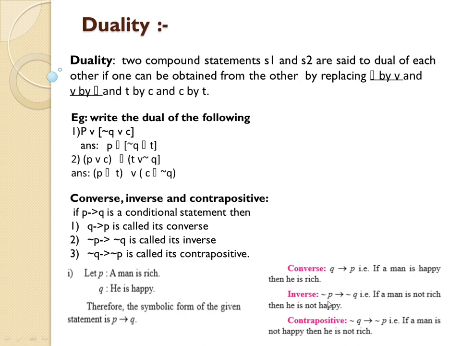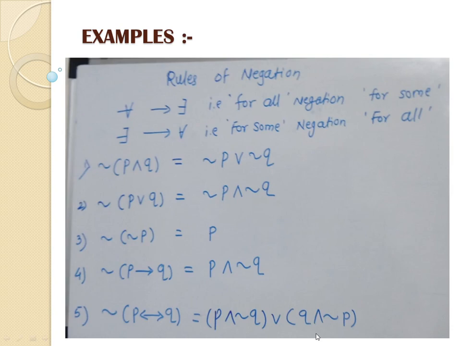Inverse is negation of P implies negation of Q: if a man is not rich, then he is not happy. Contrapositive is negation of Q implies negation of P: if a man is not happy, then he is not rich.